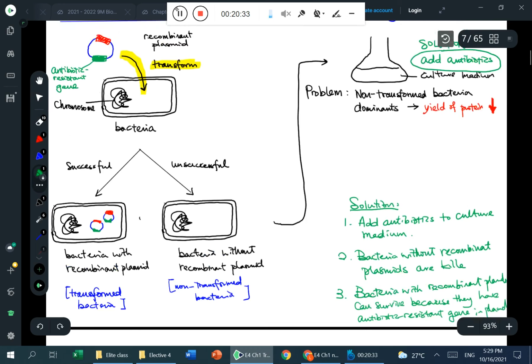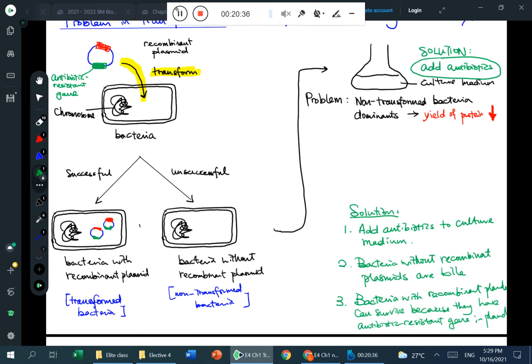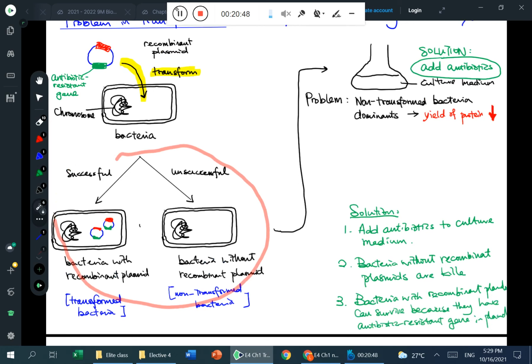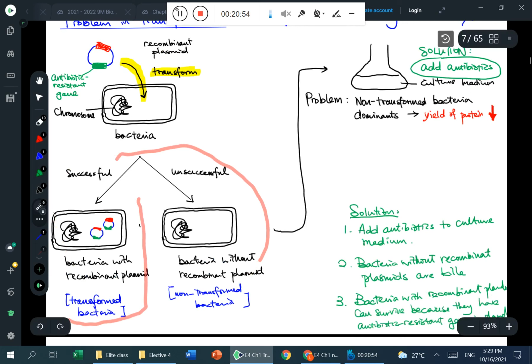So therefore, you can now imagine, no matter how low the transformation efficiency is, even though you only get 10% transformation efficiency, even though you start with a very few amount of transformed bacteria, that's not a problem anymore.